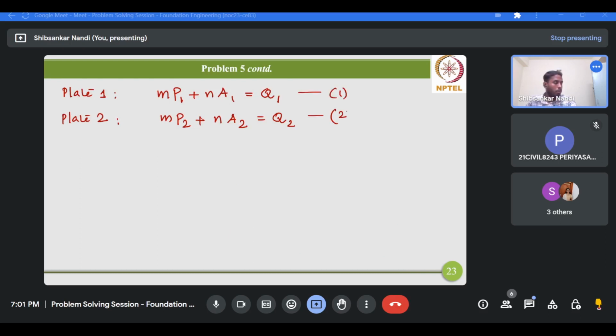If you substitute these values for P1, A1, Q1, P2, A2, Q2, you will end up with two equations, a system of linear equations where the only unknowns would be m and n.